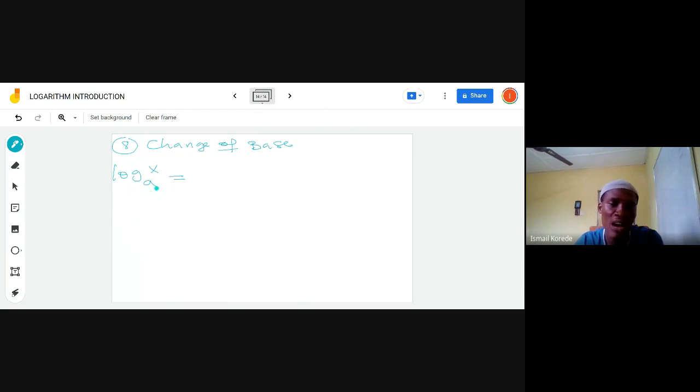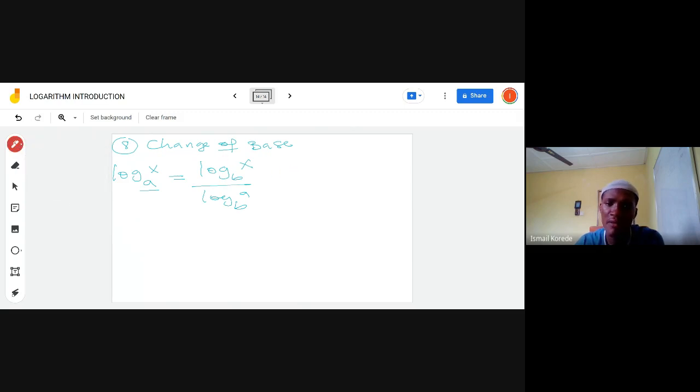I don't even want to have base a. So it's very, very simple. What I need to do is just log x to that new base over, now this a is going to be a new number, over log a now to that new base. Initially we have log x base a, but now we are having log x base b as well as log a base b. Now let's apply that to the last question we solved and see if we are going to get the same answer.